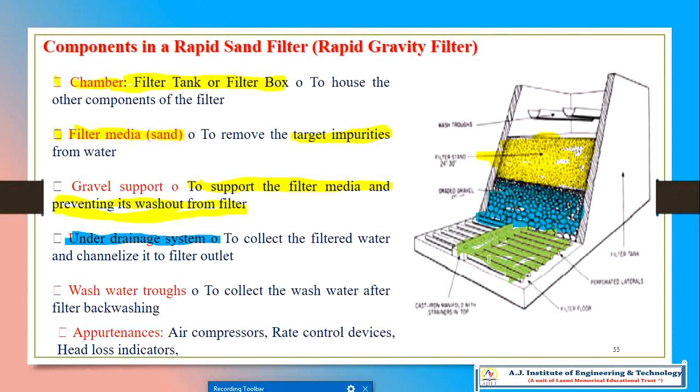Wash water troughs collect the wash water after filter backwashing. After the backwashing, whatever wash water we are using will be collected by the wash water troughs. The apparatus will include an air compressor, rate control devices, as well as a head loss indicator.